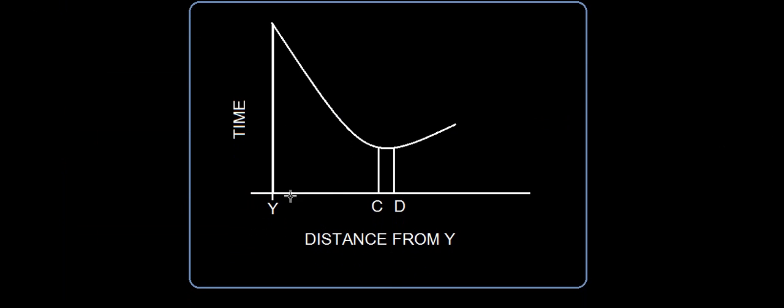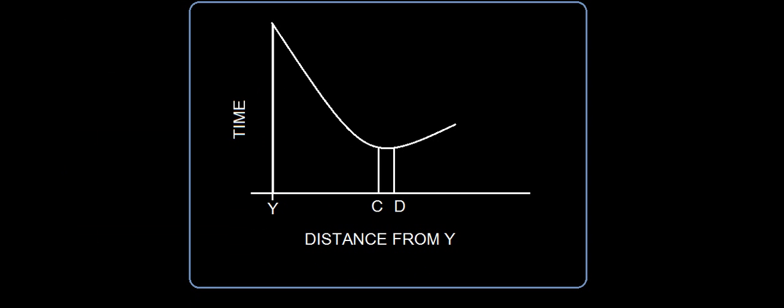In this graph, the times taken to reach point B from point A through different paths are on the y-axis, and the distances of the points from Y are on the x-axis.